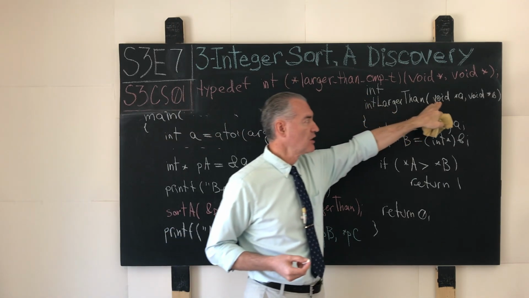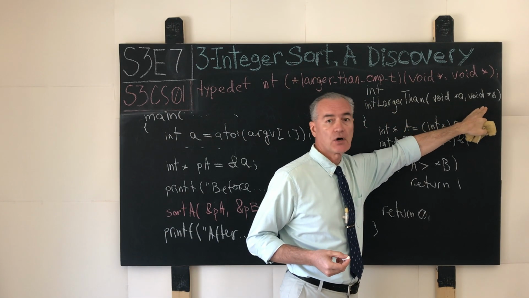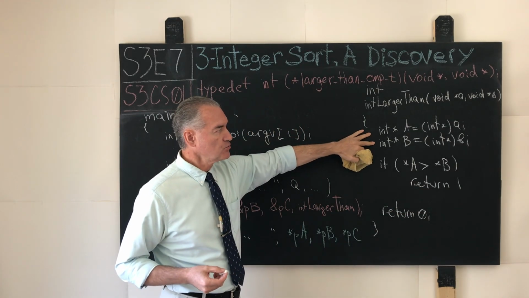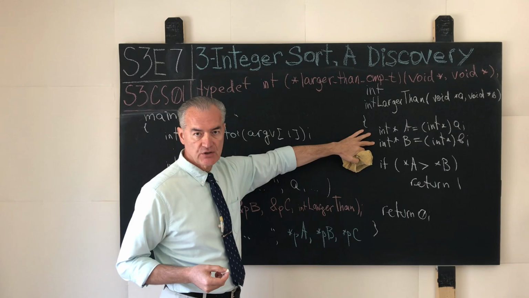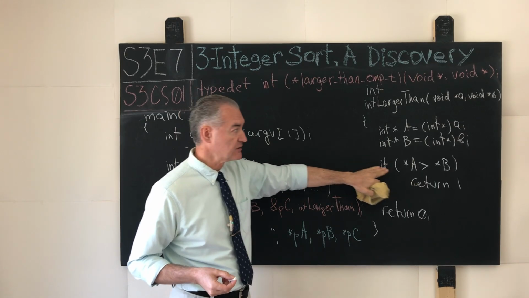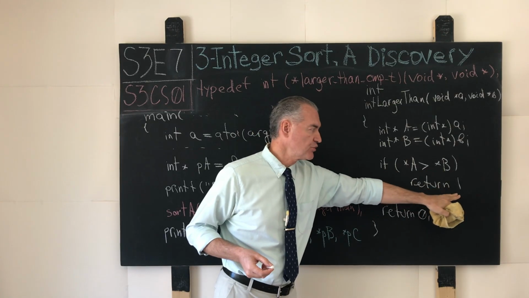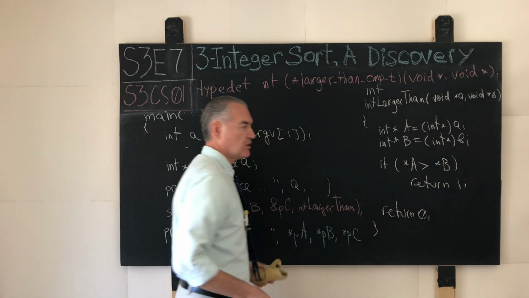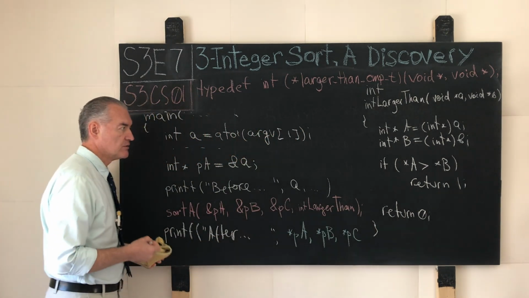So it has to be void star A, void star B. And then the first thing we do is we cast the incoming pointers into pointers to integers. And then again, if the first argument is larger than the second one, then we return 1. Otherwise, we return 0 and game over. This is all there is to it.